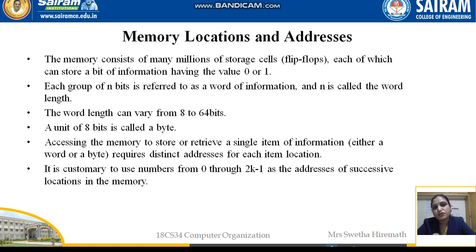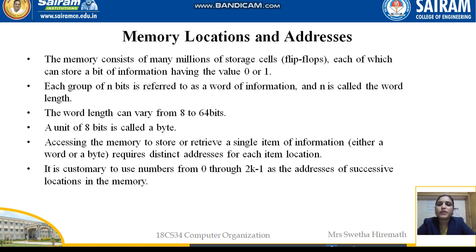That bit of information can carry only two values, either 0 or 1. Because we know that the information whatever we give will be converted into the machine understandable language, and the machine understandable language is a binary language. Binary language means it can accept either zeros or ones.